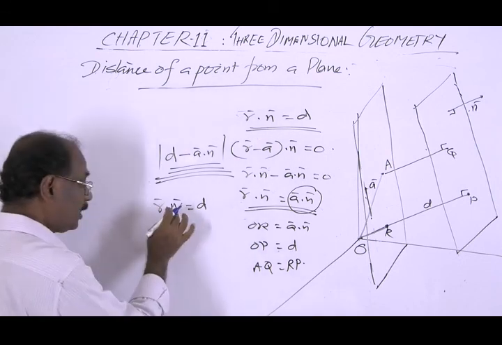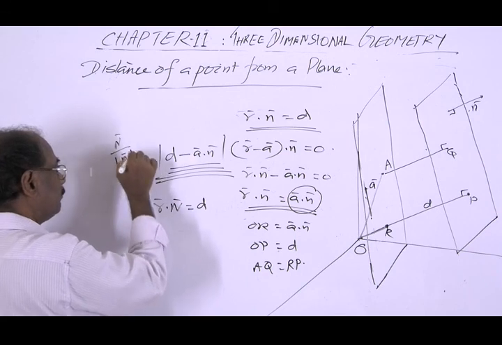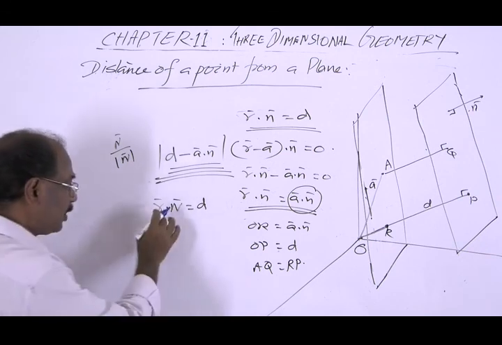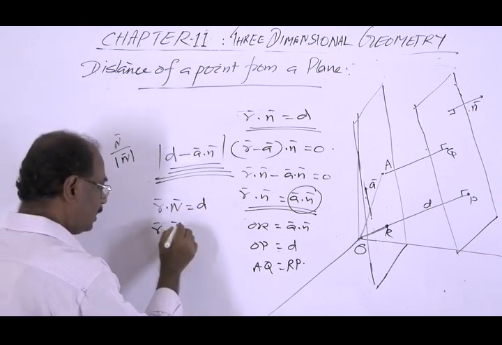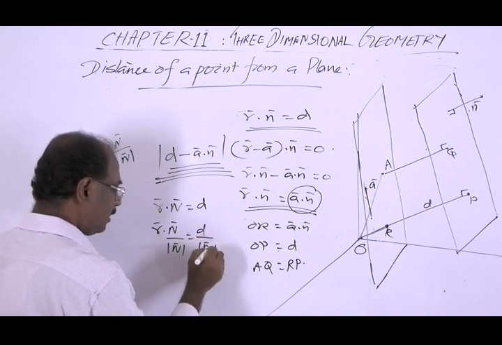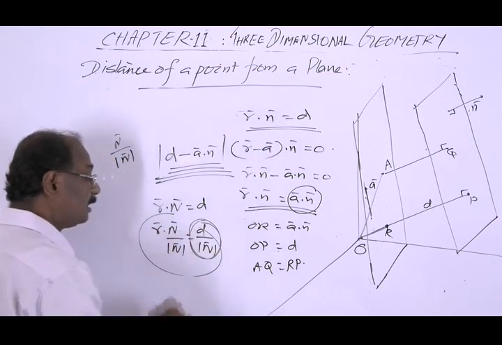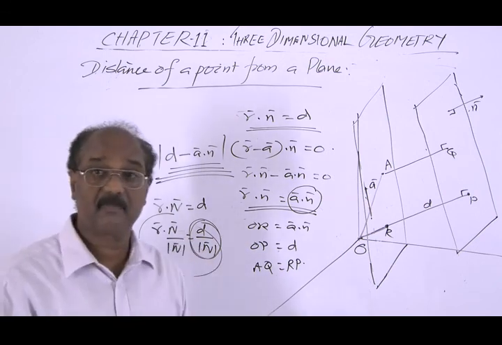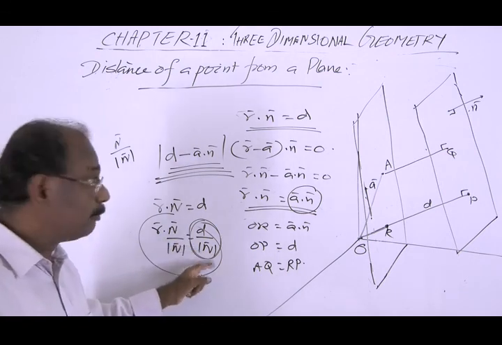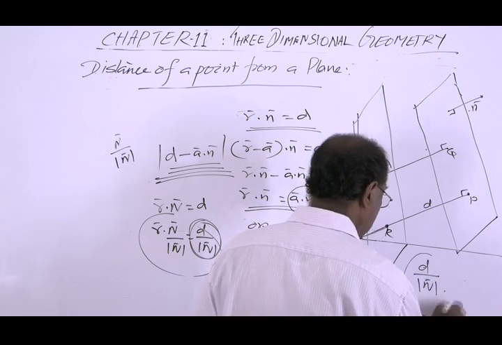Then in that case, the unit vector is N divided by modulus of N. Therefore this equation can be written as r dot N by modulus of N is equal to d by modulus of N, which is in the standard form, and therefore in this case the perpendicular distance from the origin is d by modulus of N. Remember this, d divided by modulus of N, the perpendicular distance.